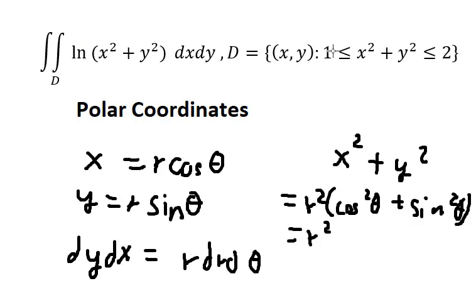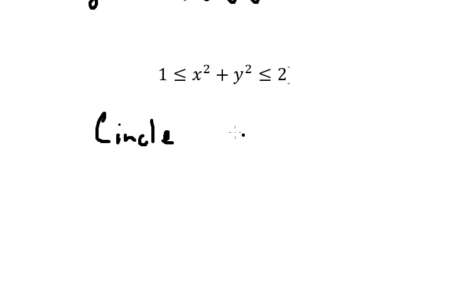We can know that this one is a circle. In this circle, we have the center 0, 0.